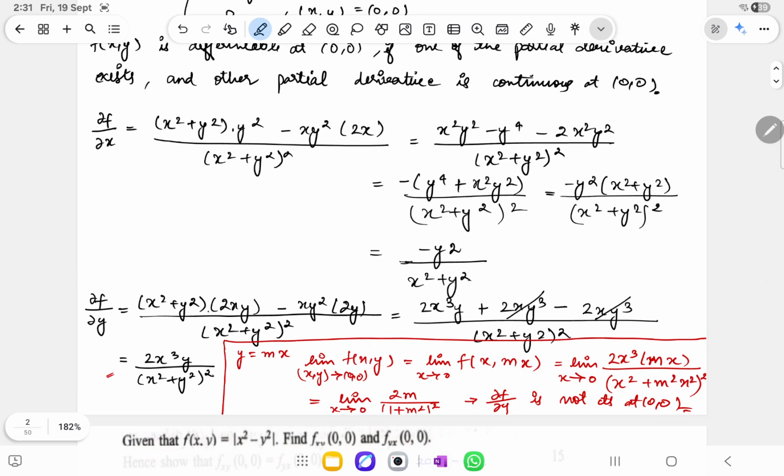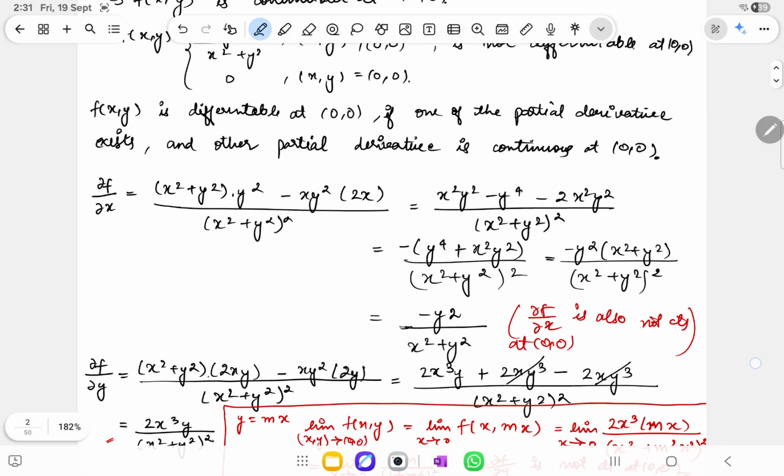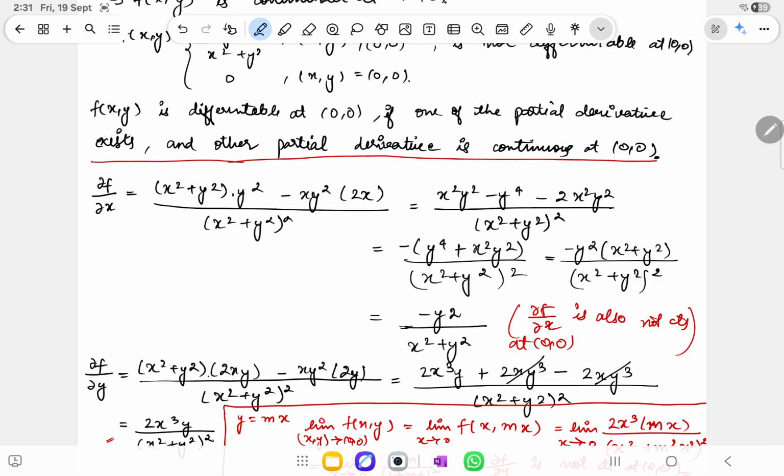Likewise, we can show that del f by del x is also not continuous at (0, 0). So none of the partial derivatives is continuous at (0, 0). So from here we can say that our function f(x) is not differentiable, because it is not meeting the sufficient criteria of differentiability, that is, one of the partial derivatives must exist and the other must be continuous.